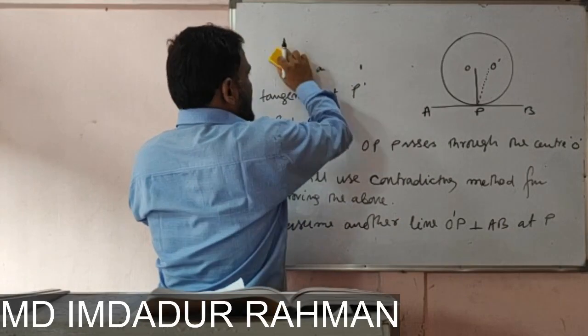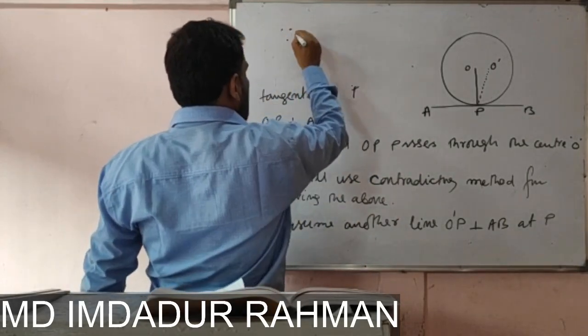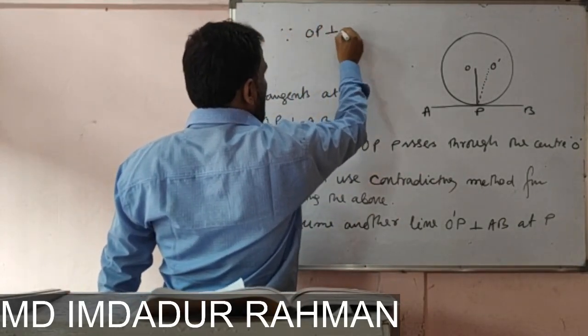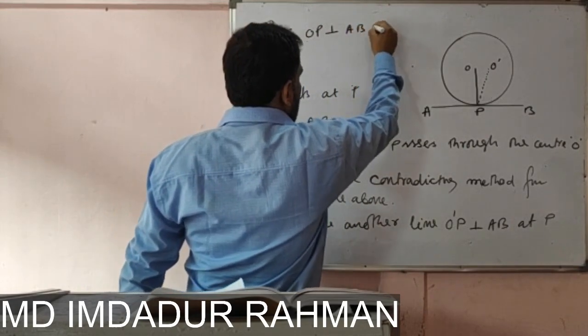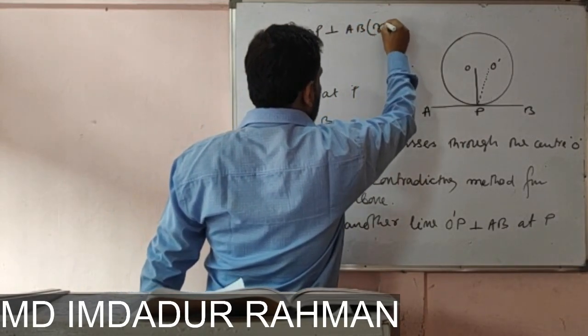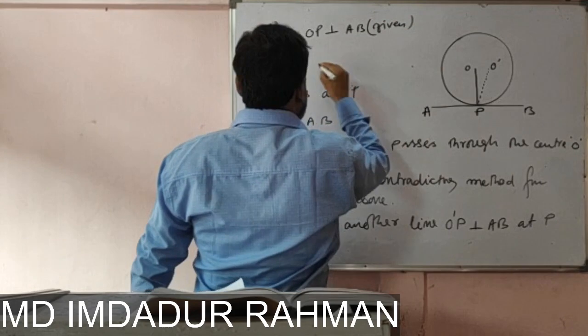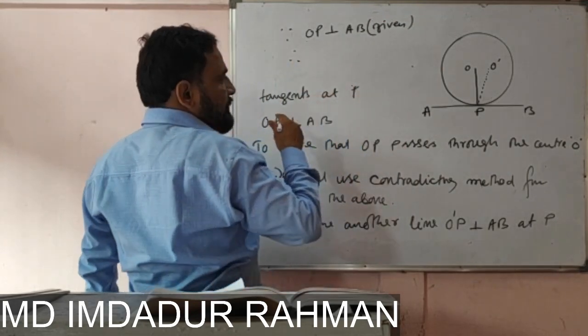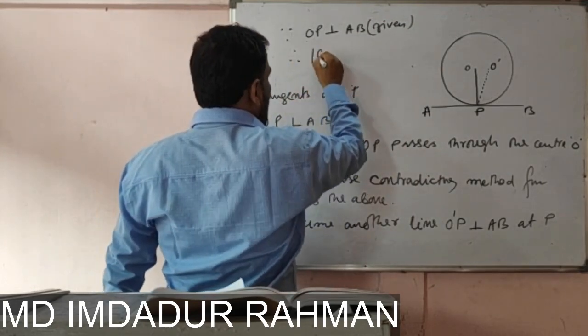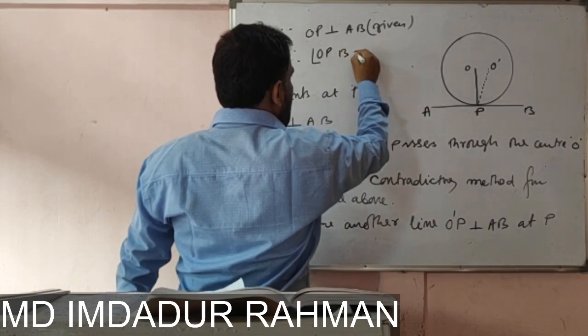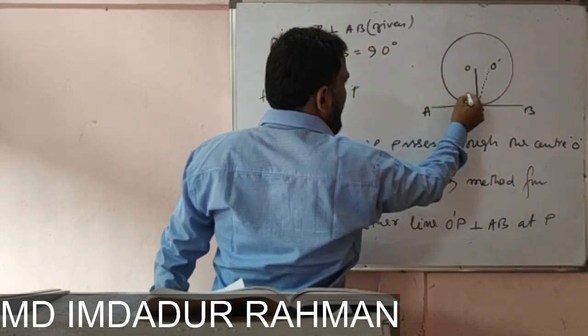Now we will write that since OP is perpendicular to AB as given, therefore angle OPB is equal to 90 degrees.